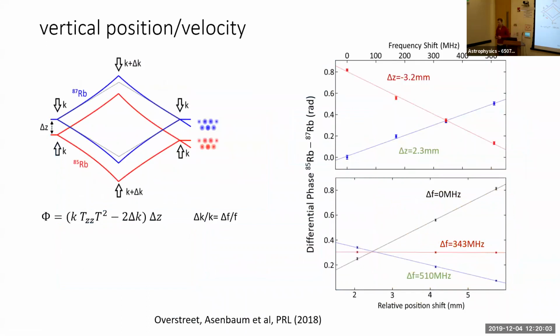Okay, so first, briefly look at the vertical position and velocity issues. We have our two interferometers in blue and in red, rubidium 85 and 87. They're displaced by some amount because they have different parameters, so we will not be able to prepare them perfectly initially overlapped. The first thing we need to do to minimize the position error is measure the distance.